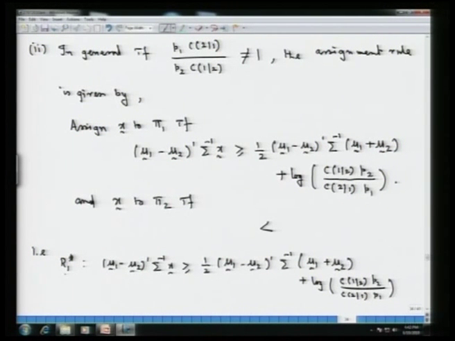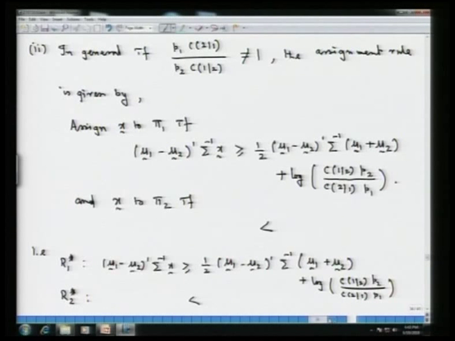So, this becomes the region R 1 star, that is the set of all x's for which this happens. That is the assignment region for the pi 1 population, and this is R 2 star, which is the left hand side less than the right hand side here. So, we have got this classification rule under the general setup also.